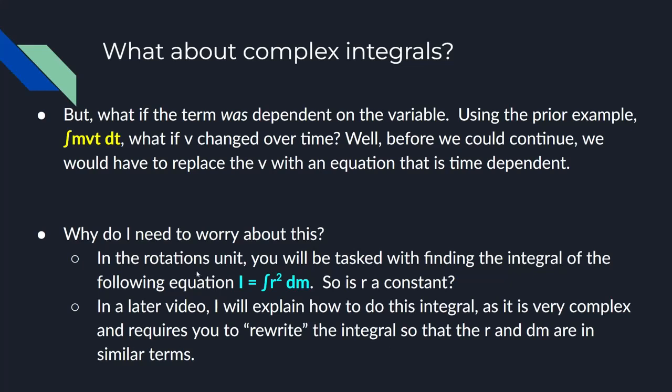A perfect example of this, and this is actually the scenario that gets used for it, is rotational inertia, where the equation is written as the integral of r squared dm. And you might be thinking, well, m is mass. This equation doesn't have m in it, so this must be a constant. Yes and no. It actually isn't, because as our radius changes, so does the mass.